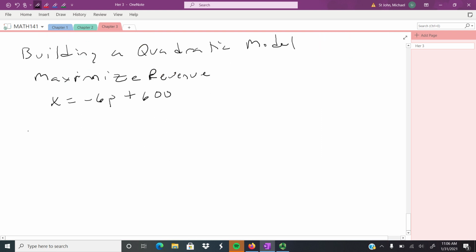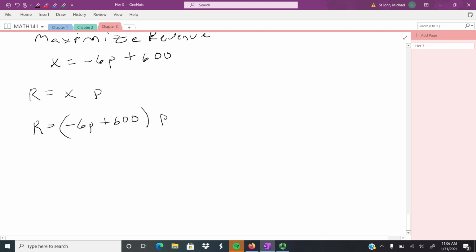And revenue is given by x times p. And so revenue is going to be minus 6p plus 600 times p. So this will be a minus 6p squared plus 600p.